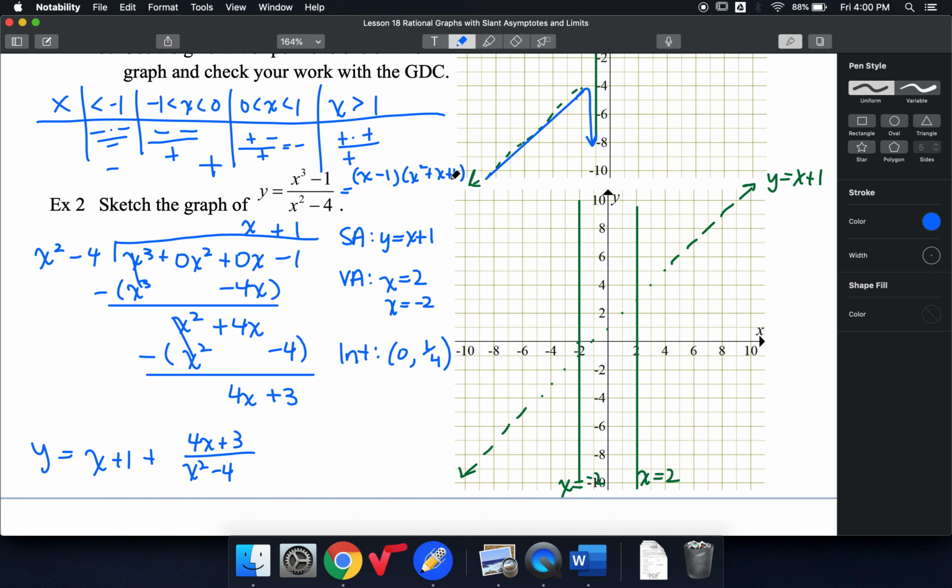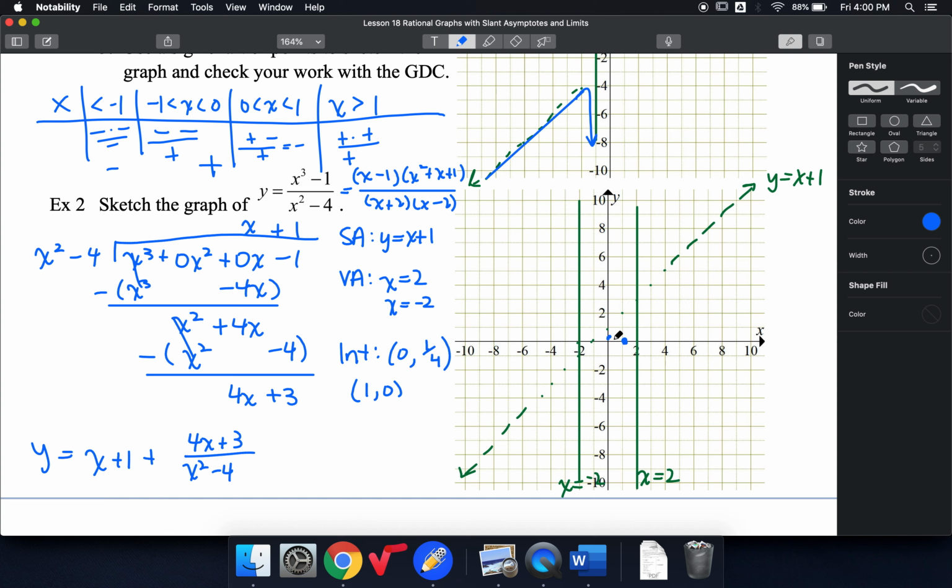I know that that doesn't factor anymore. B squared minus 4ac is negative, so that has imaginary roots. So fully factoring everything, there is only one place where the y value will be 0, and that's when x is 1. So there's my x-intercept, 1, 0, and then at 0, 1/4, I had my y-intercept.